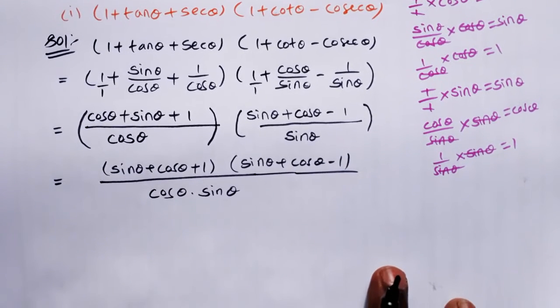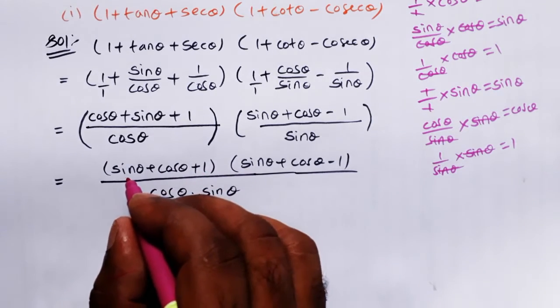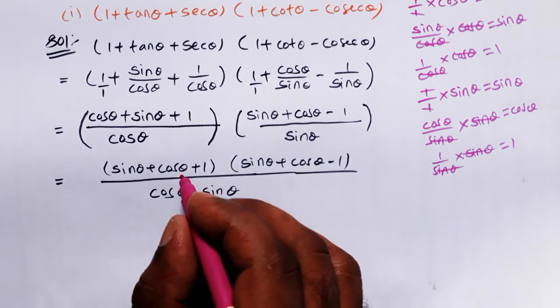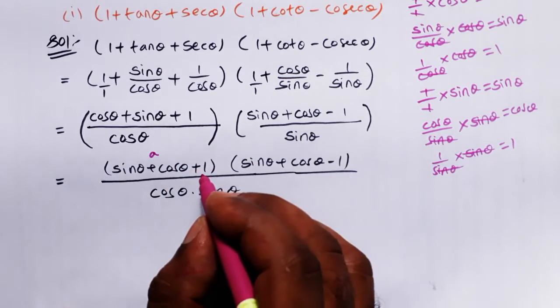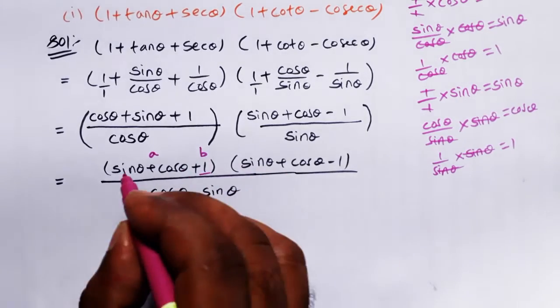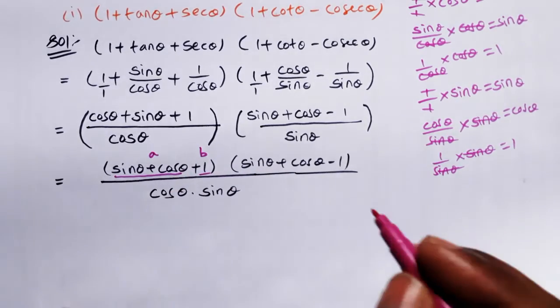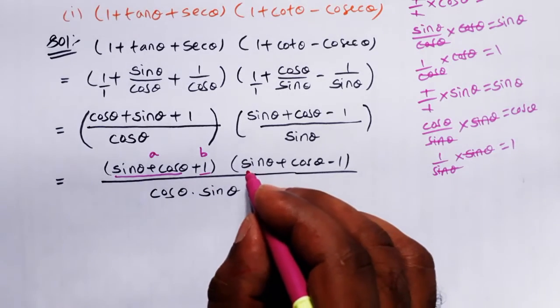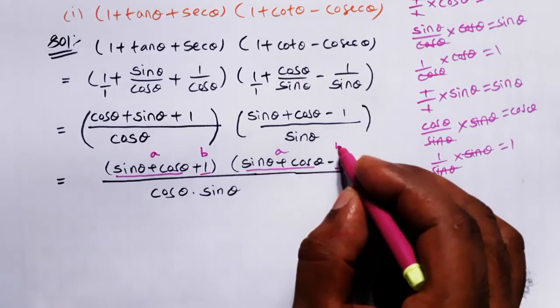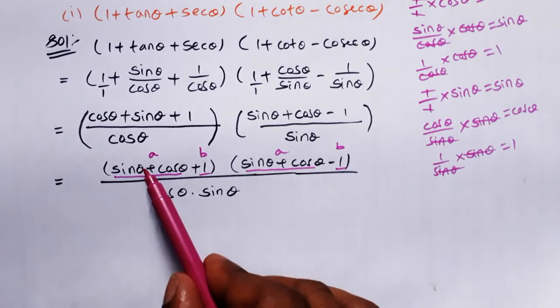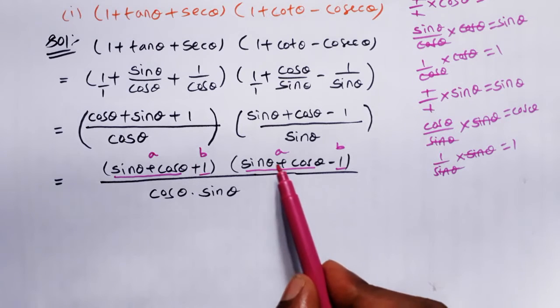Observe numerators. We have one formula. It is looking like some formula. Sin theta plus cos theta. This one you take it as A. And 1 you take it as B. Sin theta cos theta A, 1 B. Sin theta cos theta take it as A and 1 as B. So it is looking like (A plus B) into (A minus B).